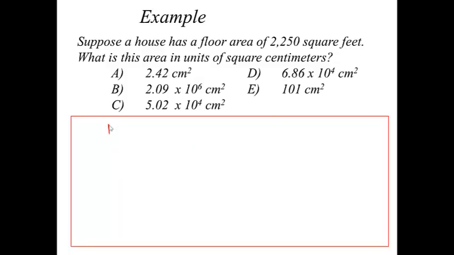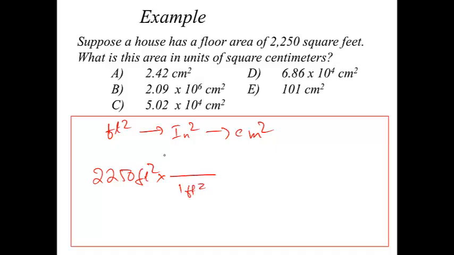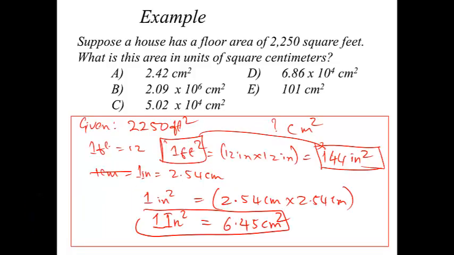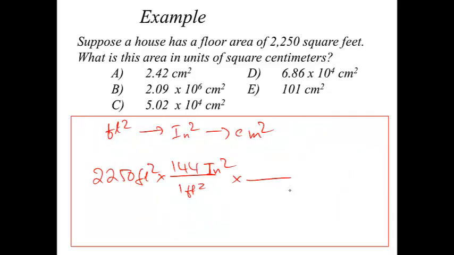Now let's get to the solution map. You want to go from feet square to inch square to centimeter square. We are going to apply the solution map. We have 2250 feet square times 1 feet square, which we found out is going to be 144 inch square, times the next conversion factor: 1 inch square is 6.45 centimeter square.